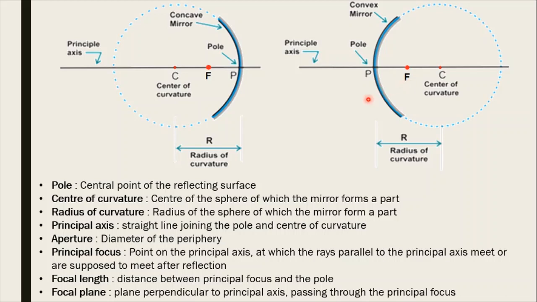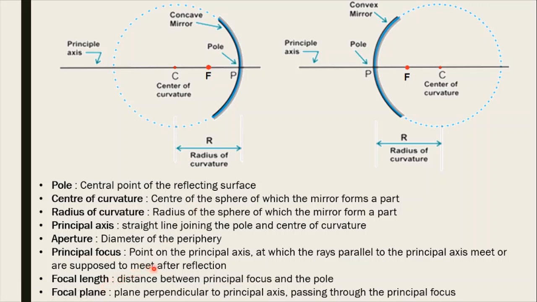The next definition being focal length. Focal length is the distance of the principal focus from the pole of the mirror. Over here, FP or PF forms the focal length of the mirror. The last one being focal plane.